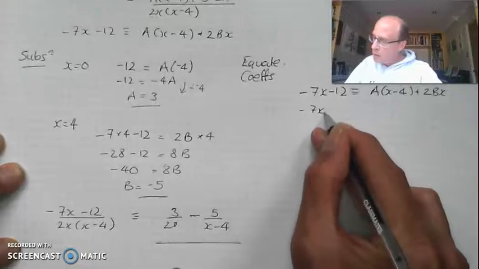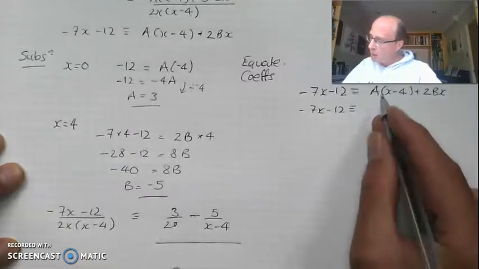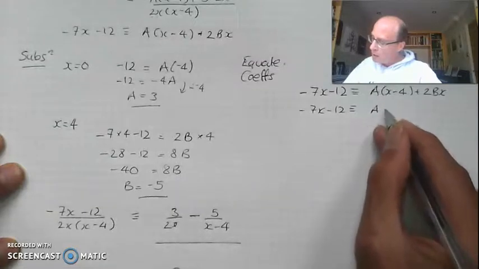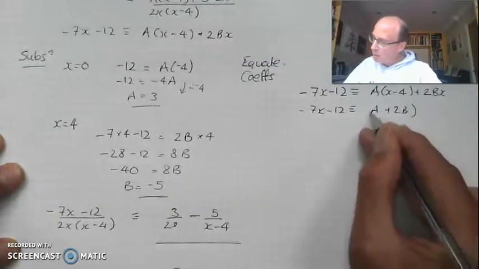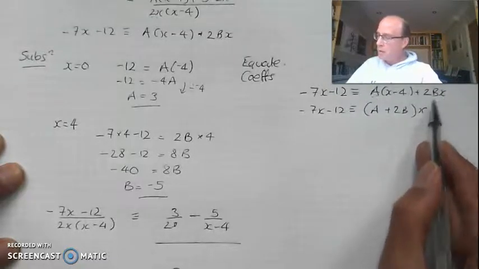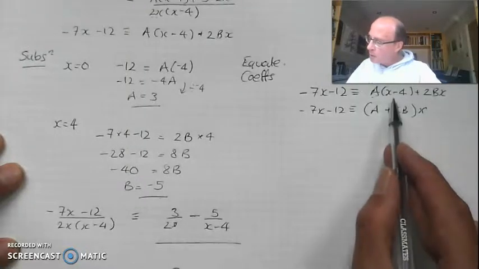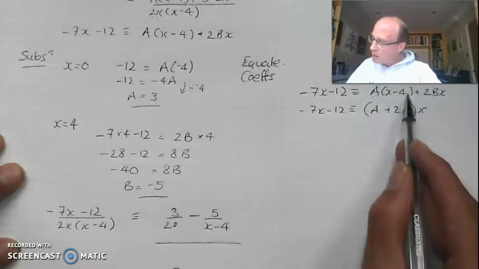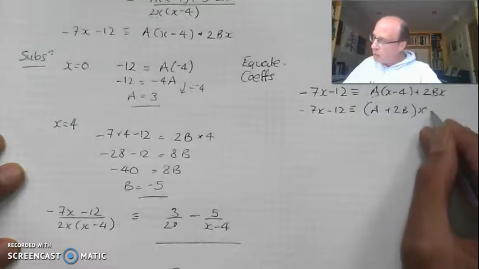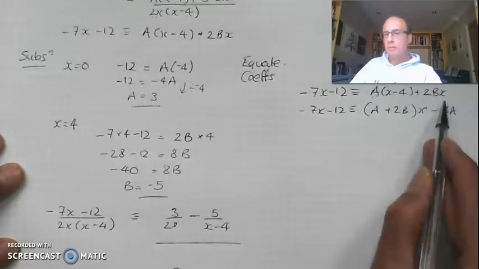So minus 7x minus 12 is equivalent to, if I collect my x terms together, a plus 2 lots of b. So I've got ax here, 2b lots of x, so if I factorise that, I've got a plus 2b x. And then my constant terms, I've got a times negative 4, so negative 4a, and I don't get anything on the right hand side.